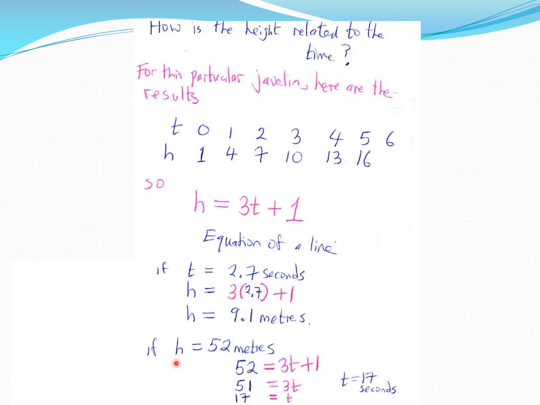Then we could ask the question, when is the height going to be 52 meters? All we do is substitute 52 in for the height and work out what the time is. So 52 is equal to 3t plus 1. Take away 1 from both sides, and we get 51 equals 3t, and divide both sides by 3. So t is equal to 17. t is equal to 17 seconds. The height is 52 meters.